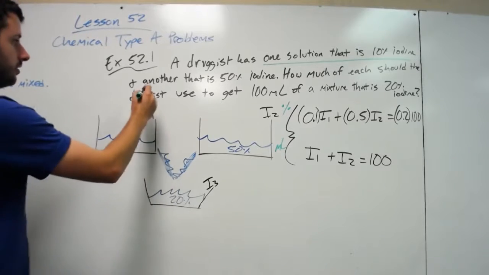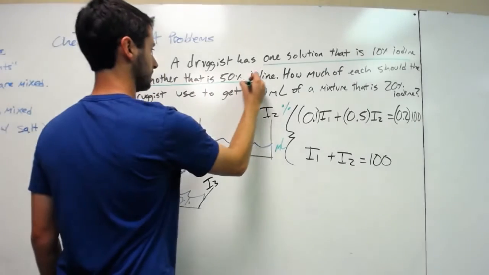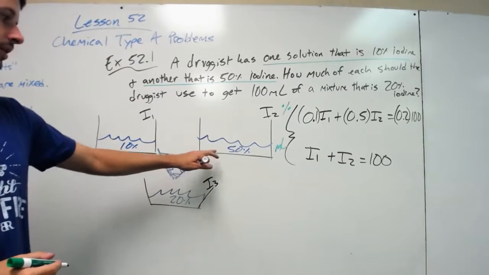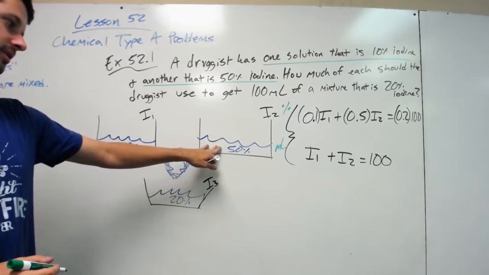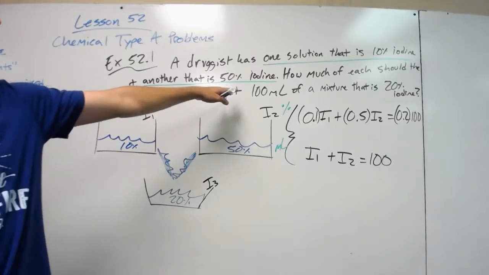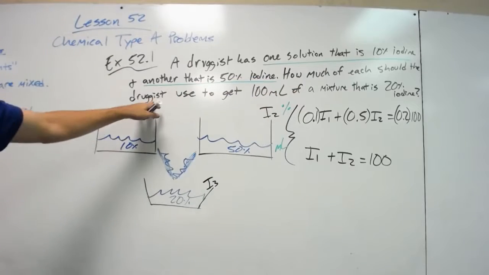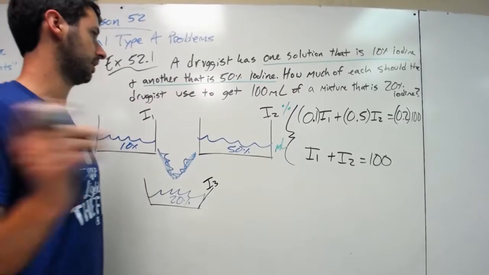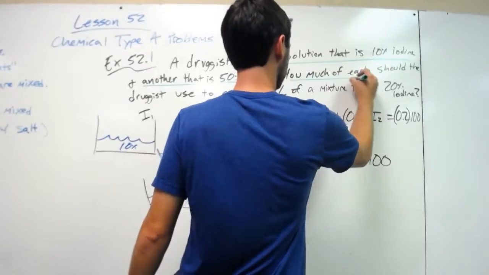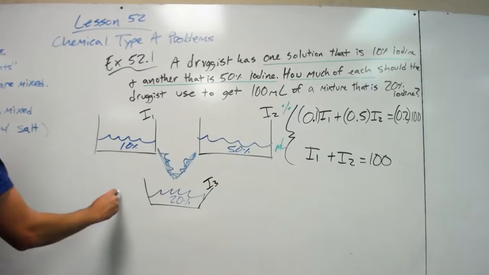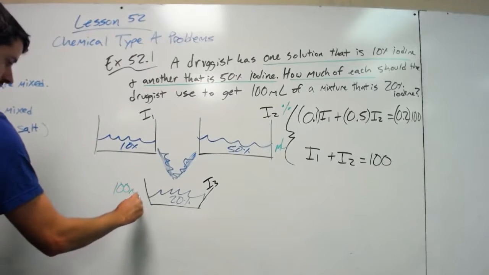Then they have another solution that is 50% iodine. I know the water levels are equal in these, but this solution has 50% iodine. So I'd put in iodine 2. It says how much of each should they use to get 100 milliliters of 20% iodine?